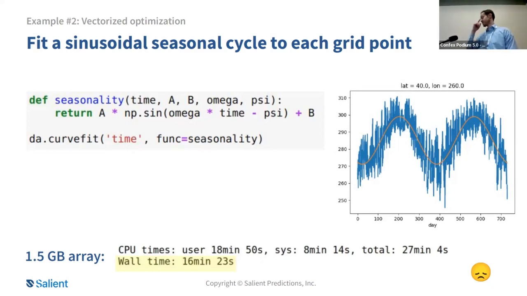I scaled up the data set for this profile to 1.5 gigs. And because it's doing an optimization loop and has tons of points, it takes 15 minutes just to fit this simple sinusoid to a bunch of points, which you can speed up a bit with Dask parallelization, but only so much because the underlying operations are still pretty inefficient.